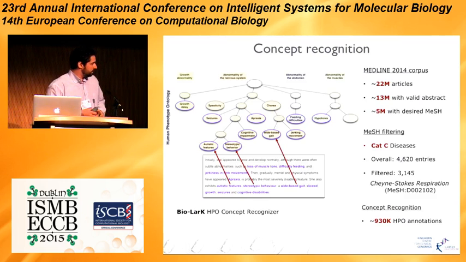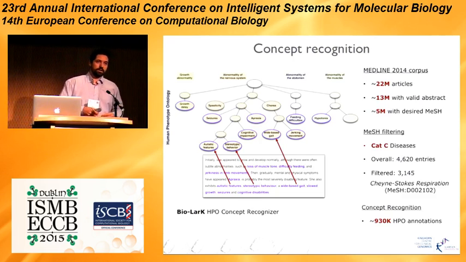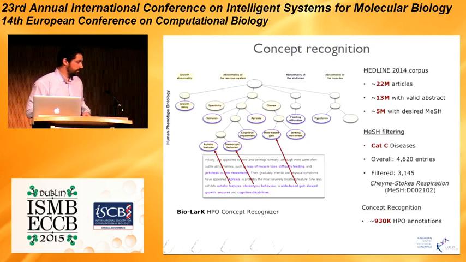We ended up with around 3,000 entries, and by means of the first pass of the concept recognizer over this corpus, after the MeSH filtering, we ended up with around 1 million HPO annotations for these 3,000 diseases.